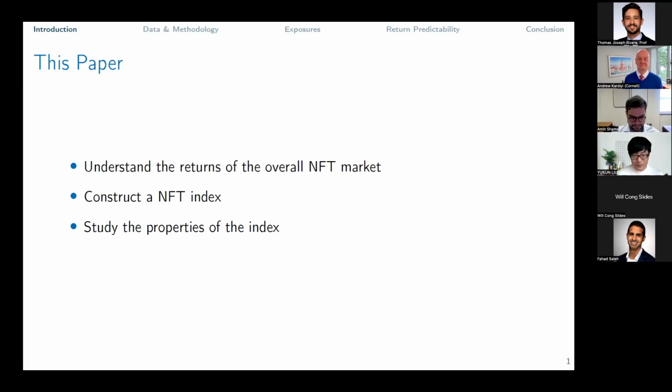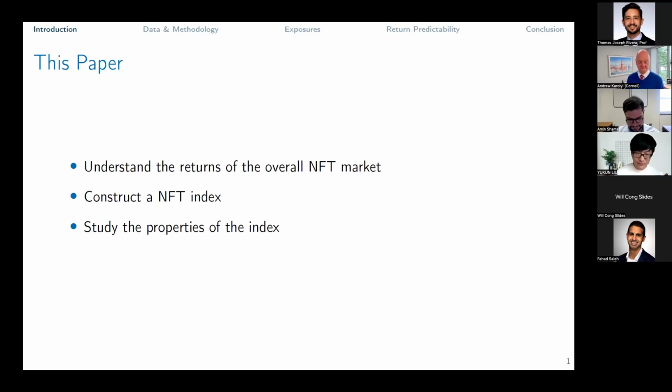To understand the NFT market, the first thing you need to do is to construct an NFT index, which is going to be different from many of these asset classes we're familiar with, such as equity or crypto.